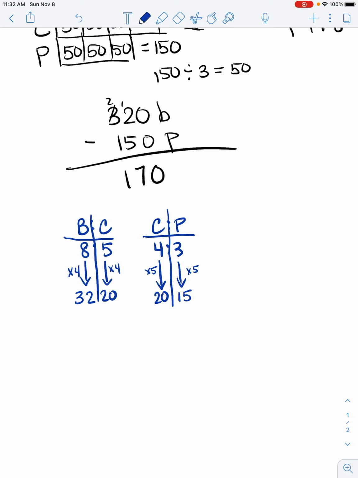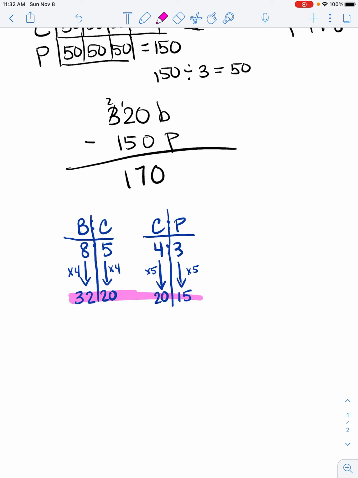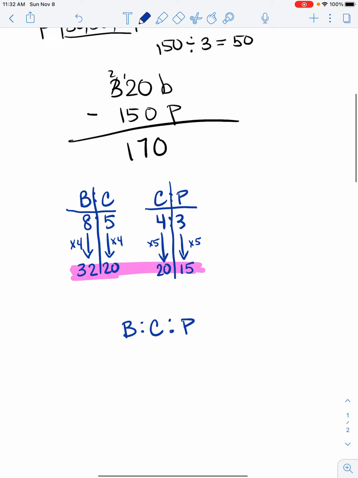Well, I can now combine these tables. So I'm looking at this row. Okay, so what I'm going to do is write a new ratio table. I'm going to write a new ratio of blueberry to corn to poppy, and I'm going to use this highlighted row.